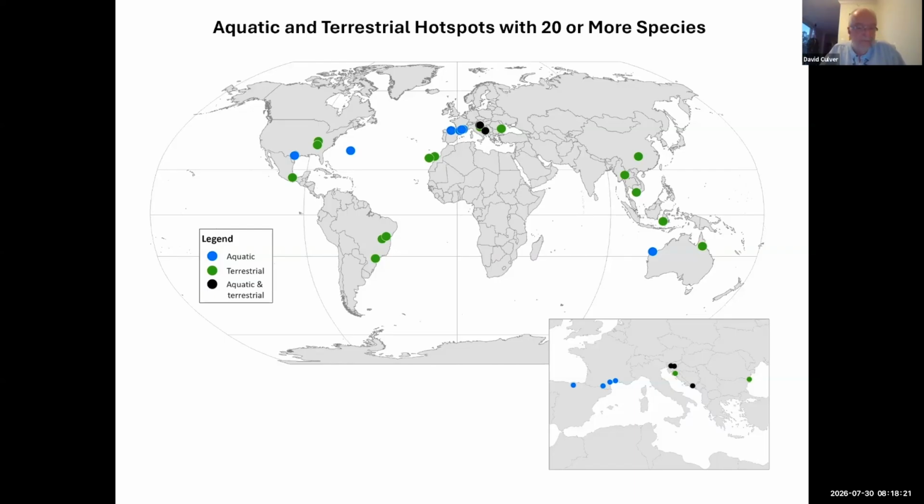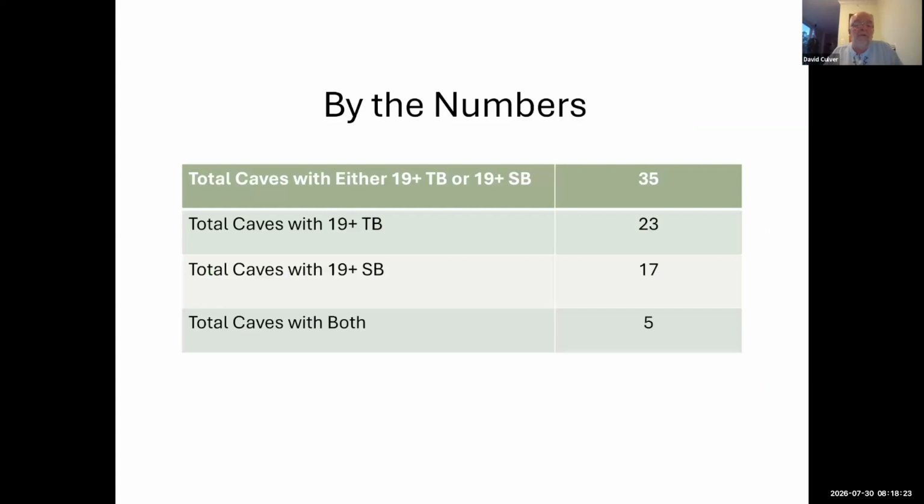So just by the numbers, the total number of caves with either 19 or more TB, which stands for troglobites, which are the terrestrial species, or 19 or more stygobionts, which are the aquatic species. We use 19 because there were several sites right on the edge, and there were none with 18 or 17.